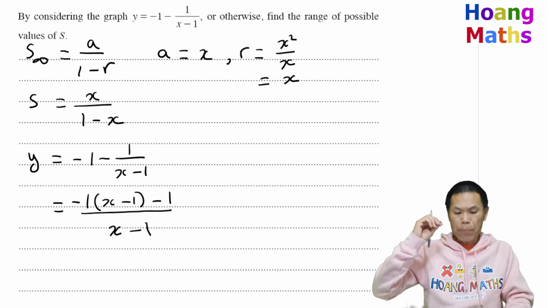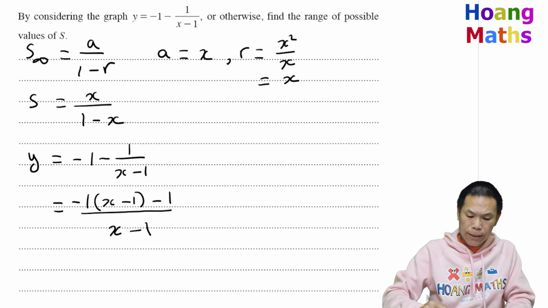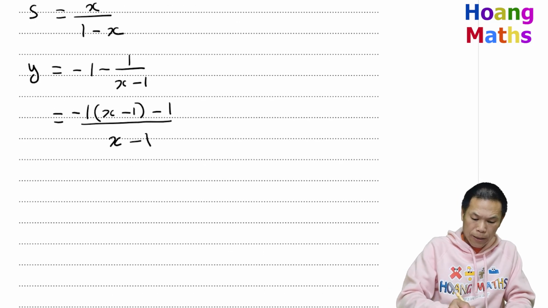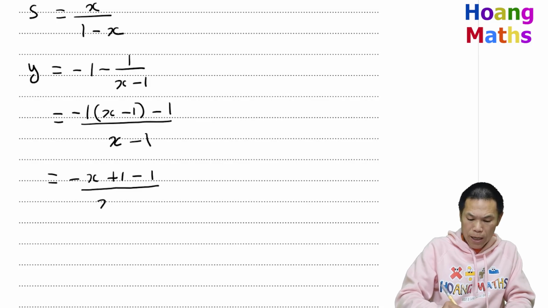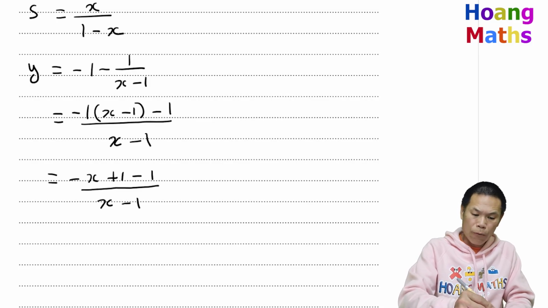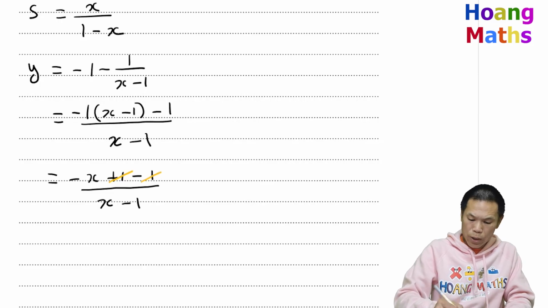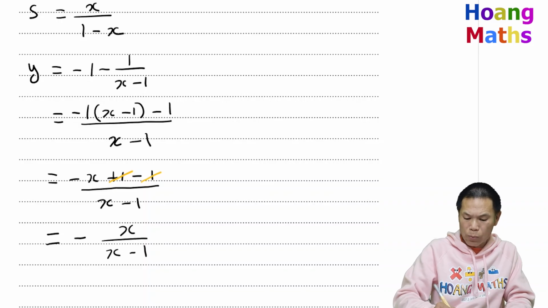If I remove the brackets, I will get negative x plus 1 minus 1 over x minus 1. Of course, these two cancel out. This will give me negative x over x minus 1.